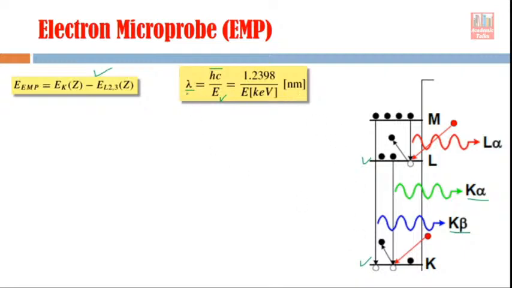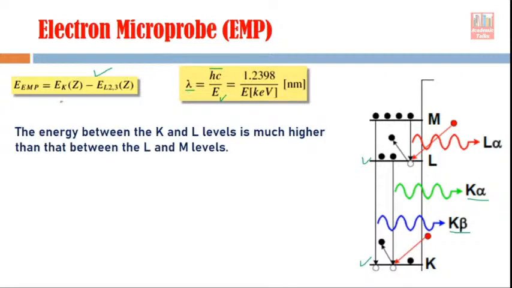And this wavelength is the signature of the element, because an element will produce a particular wavelength if it is present in the material. And once we identify that wavelength, we can identify the material which is producing that particular wavelength.